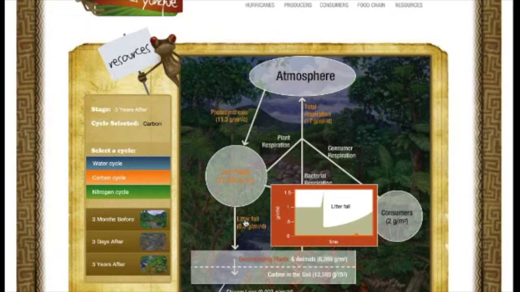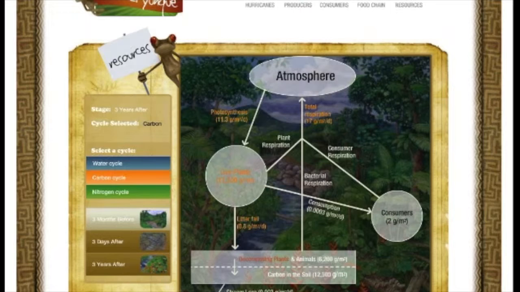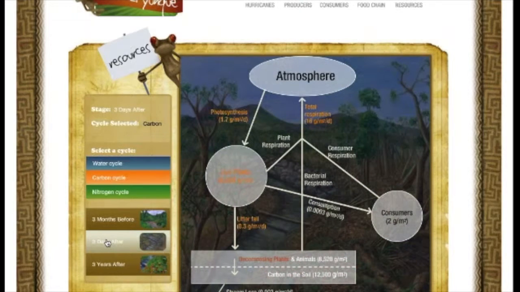And then there's a huge drop-off in litterfall, and it gradually increases as the trees begin to recover from that particular hurricane. And also, as you change from one time period to the next, it updates the numbers and the cycle to represent the changes that occur from one time period to the next.